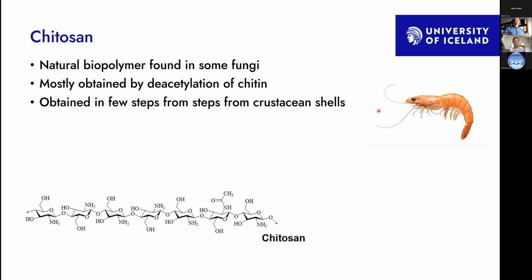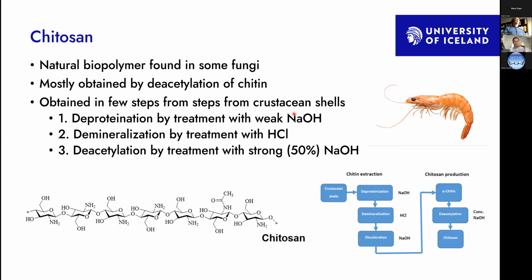And it is obtained usually from crustacean shells, like here in Iceland. We have shrimp fishing, and in the processing, the shells are peeled. This was a waste here in former times, but now these shells are used in a processing facility where they first deproteinize the shells, demineralize them, and decolorize to obtain alpha chitin from the shells.